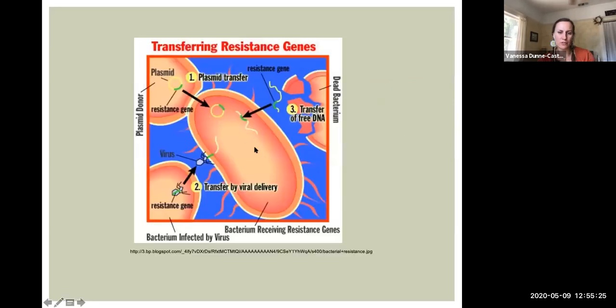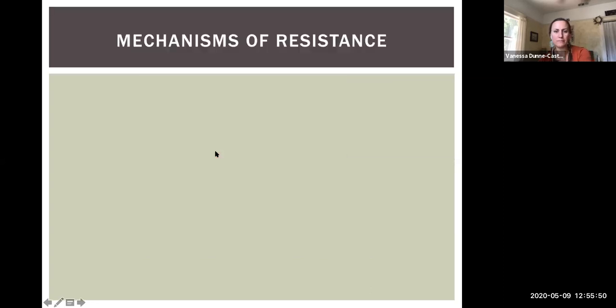This is just a picture to remind you of these three different mechanisms of gene transfer, and now we're just going to focus on how these would be potentially resistance genes. And so let's talk about what these resistance genes might be. But here again, plasmid transfer through conjugation, transfer of free DNA. This is a chromosomal fragment or a plasmid that is released from that lysed cell that could be taken up by a neighboring cell or through viral delivery.